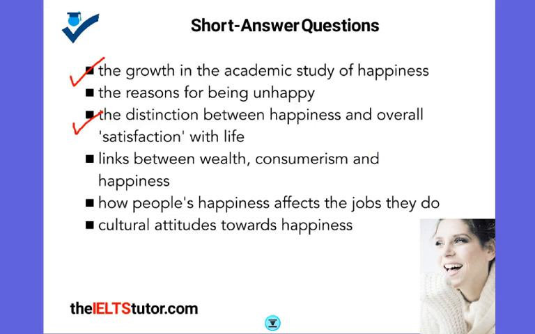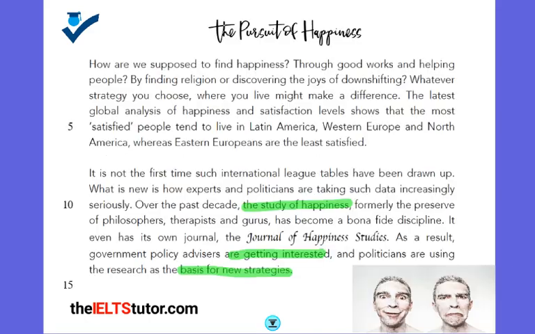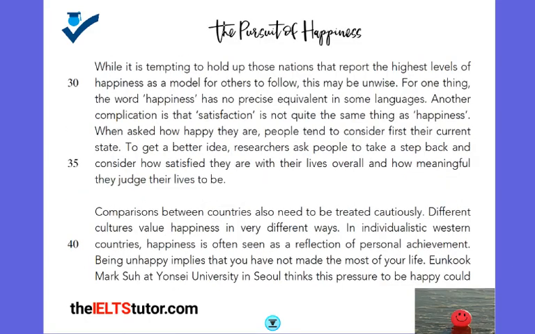Where in the text can you find this? So if you look further at paragraph 4, which is between line 29 to 36. Where can you find the distinction between happiness and overall satisfaction with life?